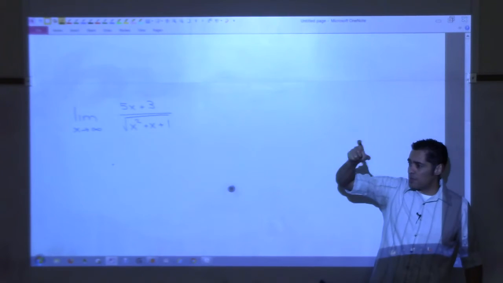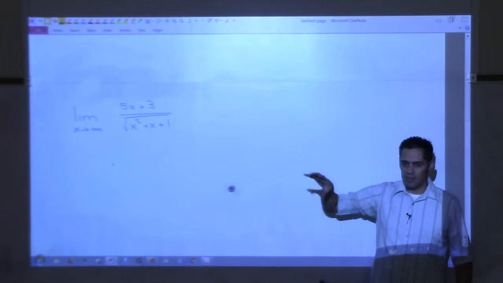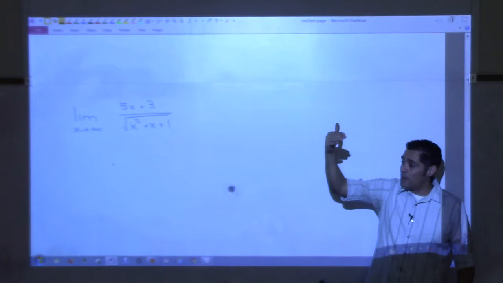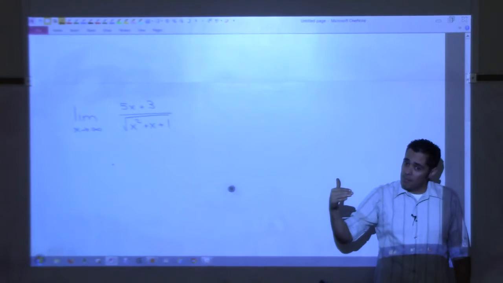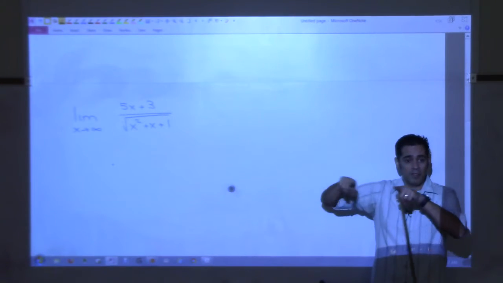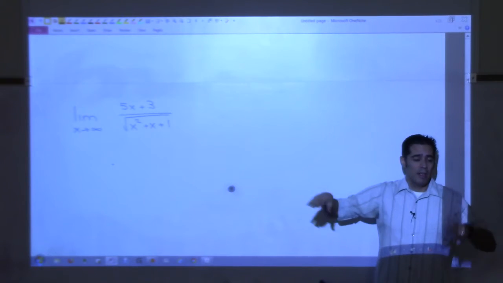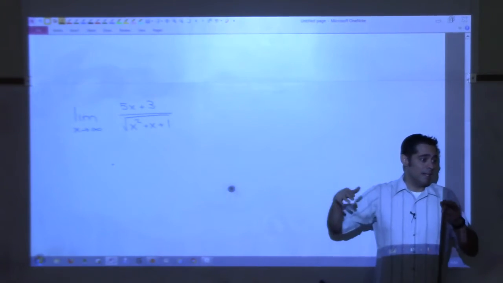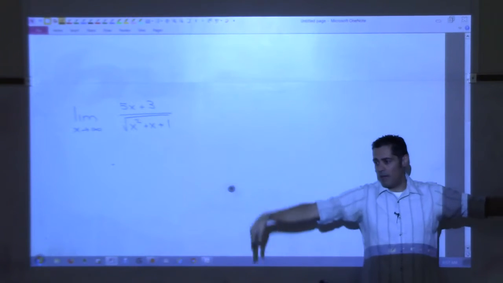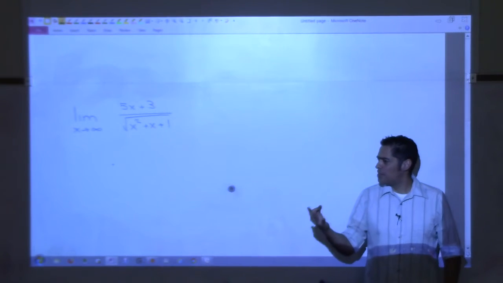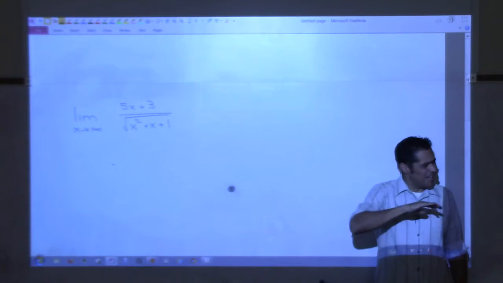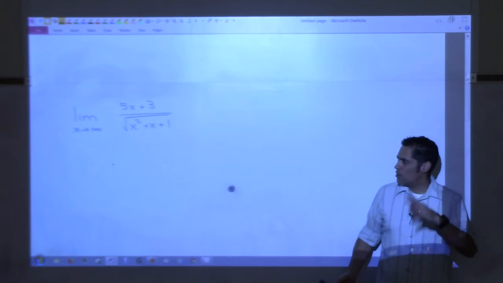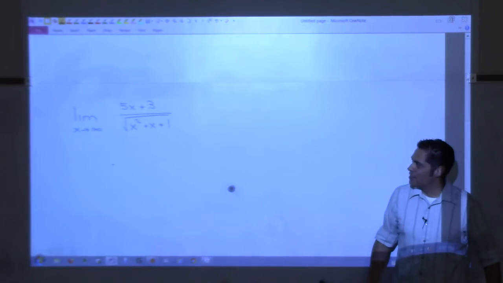Like if the powers were the same, you just look at the coefficients, and then you probably were also told that if the power of the top was smaller than the bottom, then it would go to 0, the y-axis. And if the power of the top was bigger than the bottom, then you were told that you don't have any. It's going to go like up or down on the left or right. So you're given like 3 scenarios for rational functions. Does that sound familiar from college algebra? Okay. If not, don't worry about it. The class is already behind us.